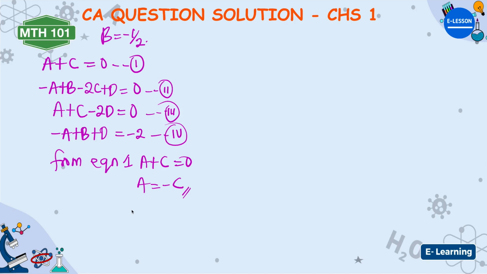Now, having gotten a as minus c, what does that mean? You may not even necessarily go through that. From equation 1, a plus c is 0. Now, looking at equation 3, a plus c minus 2d is equal to 1, not 0.